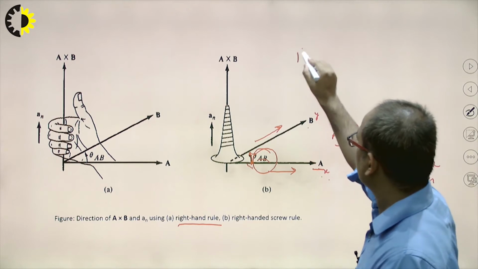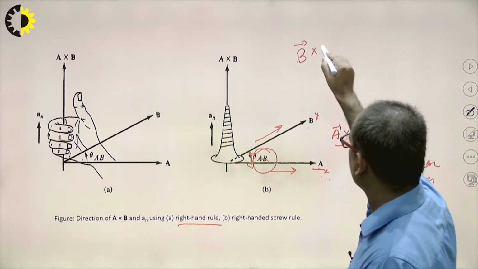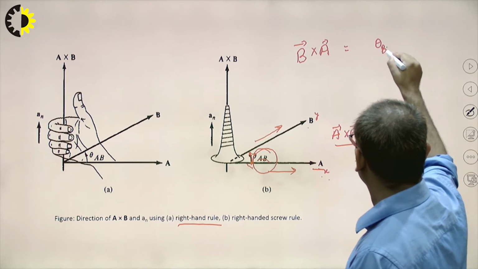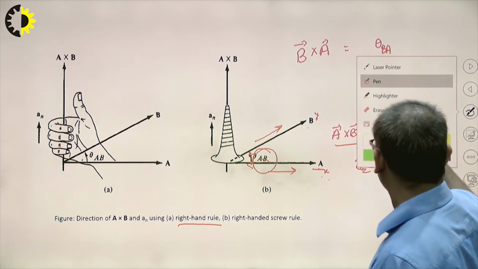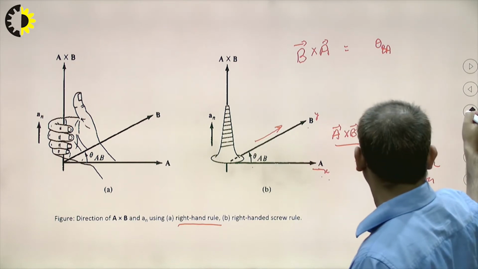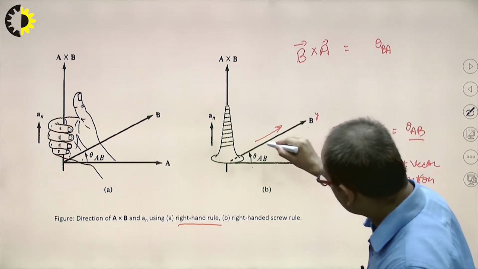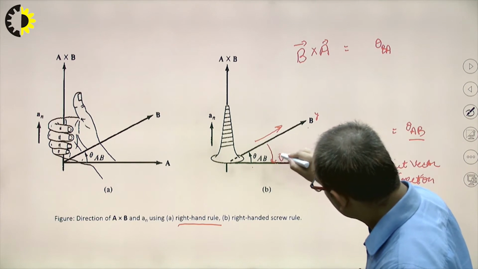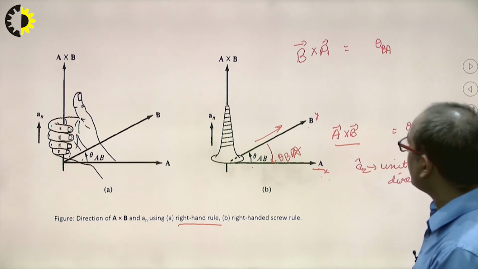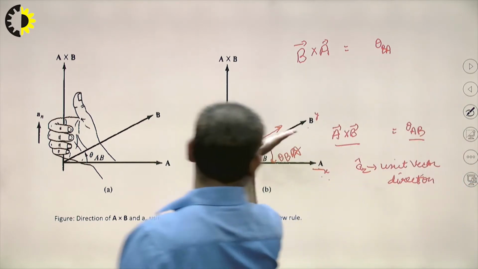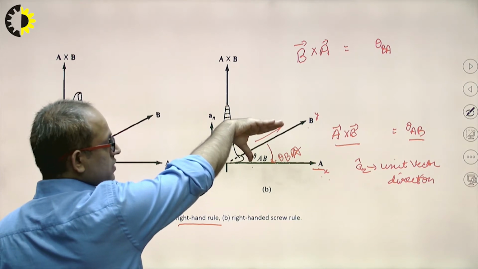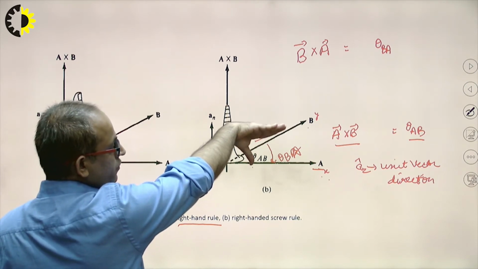If I say B cross A, then theta will be in what? B to A. In that case the theta direction will be on this side. This is B, and I have to move these four fingers towards A, that is, to this side.